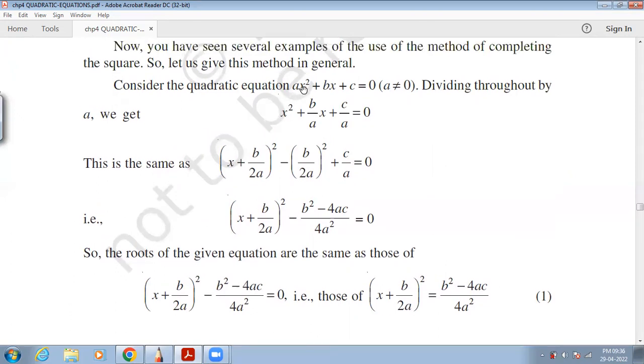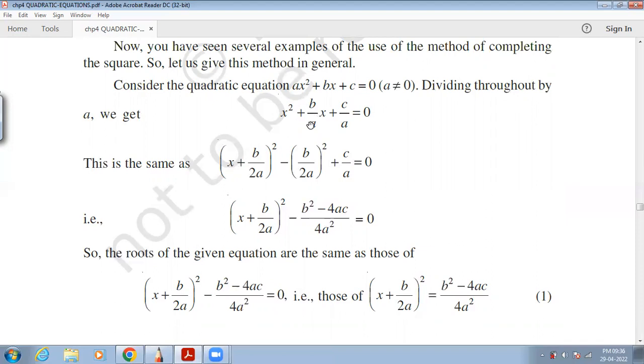So they have done the same thing. Ax square plus bx plus c equals to 0 was it. So they are just using the completing the squares thing here. Fine, they divided a both sides. So x square plus b by a, x plus c by a. Now they converted it into x plus b by 2a.